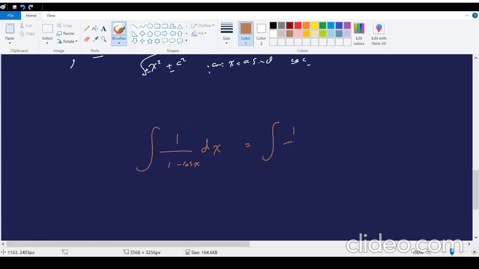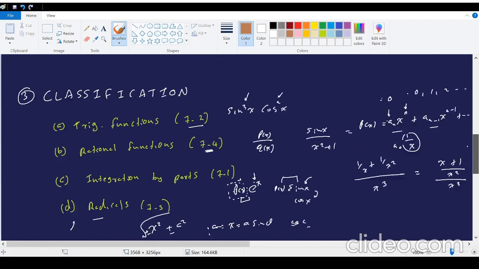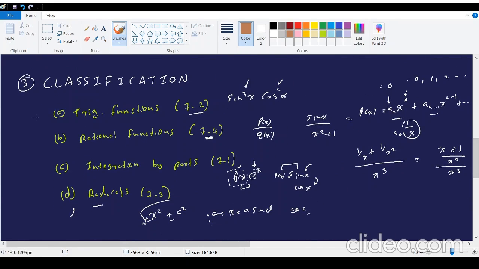That means we multiply 1 minus cos x by 1 plus cos x, and multiply and divide, right? So then now these techniques are not mentioned in the ones I wrote down before.